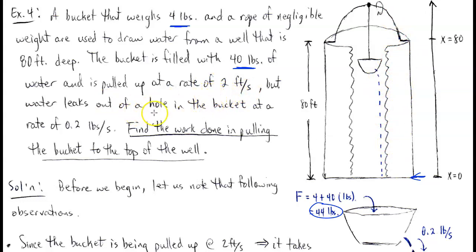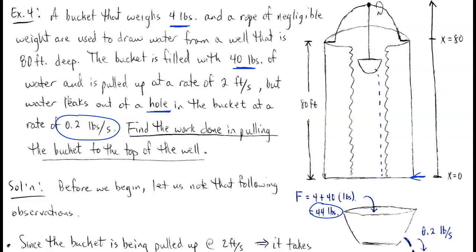And because of the hole, the water is leaking out at a rate of 0.2 of a pound per second. So with that being added to the mix, we want to know how much work is going to be done pulling the bucket to the top of the well.